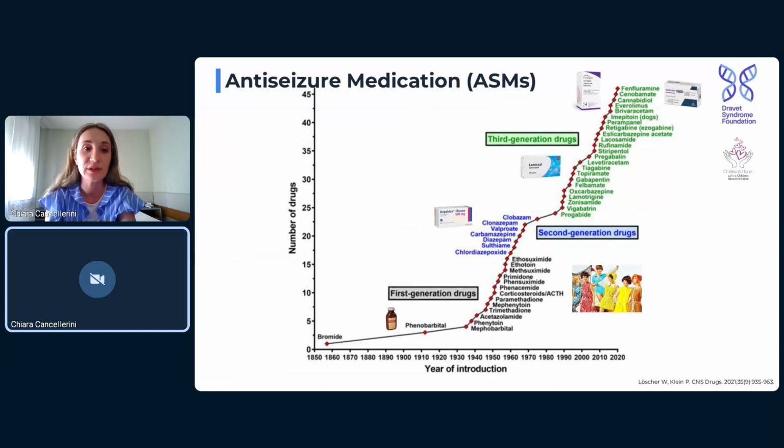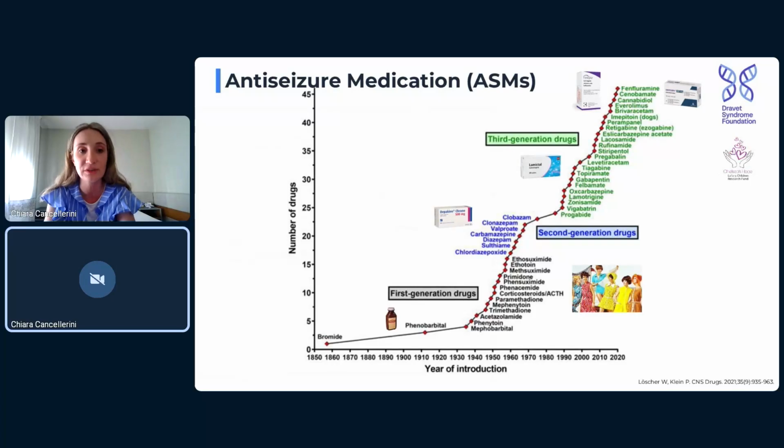But a major turning point occurred between the 60s and 80s, which saw a real boom in first generation drugs. This brought the second generation, which included valproic acid, carbamazepine, but also phenytoin. These medications actually gave clinicians really different mechanisms of action.